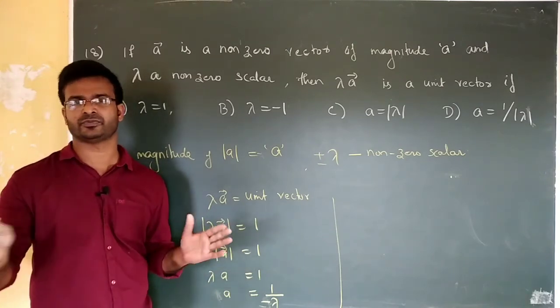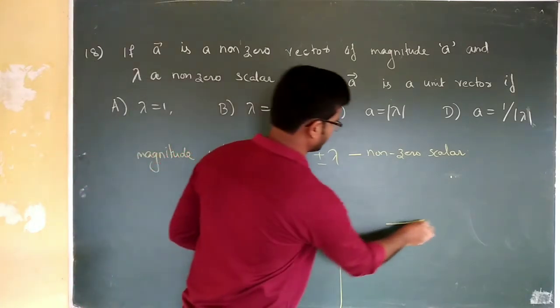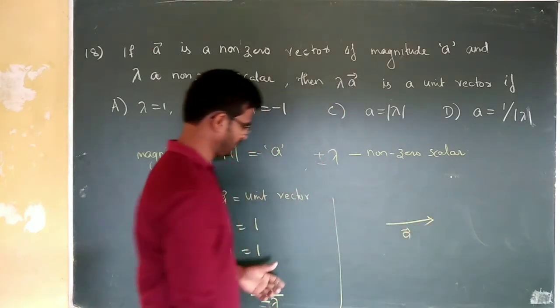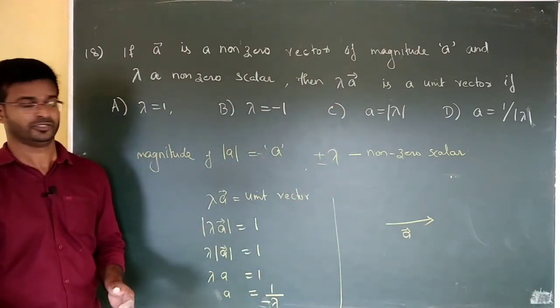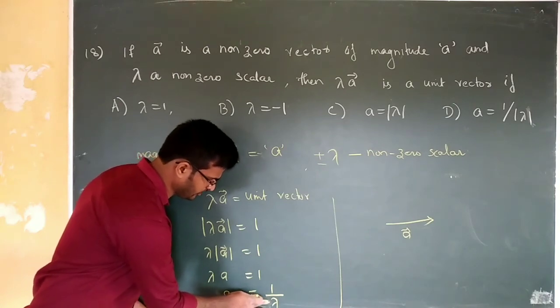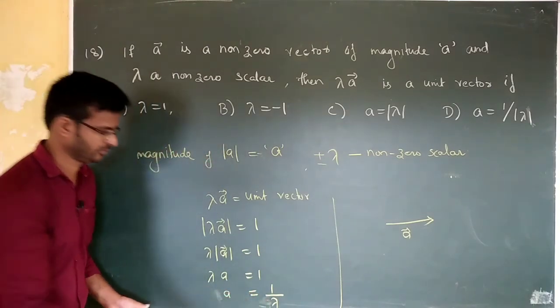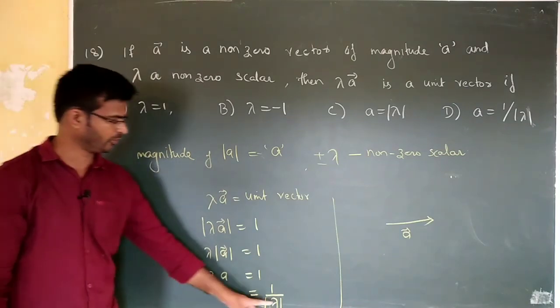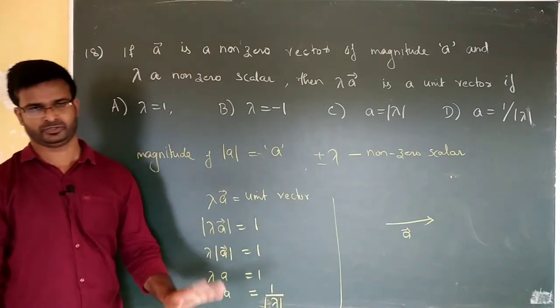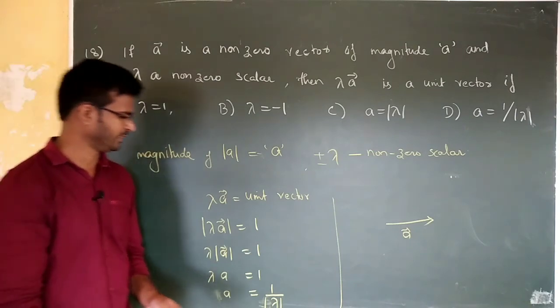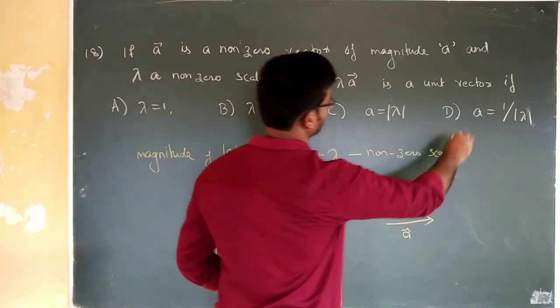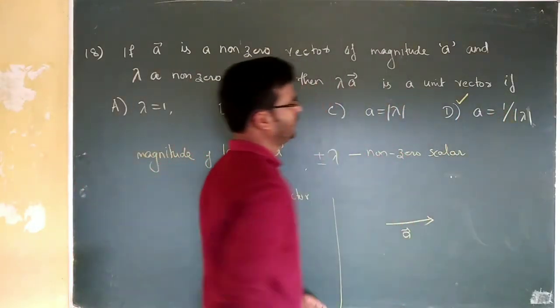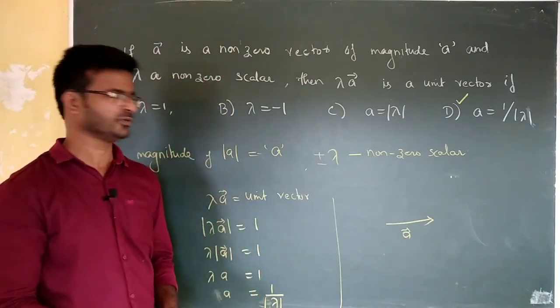Magnitude means length of that vector. Length of a vector cannot be negative. So we cannot use minus here. So if you write modulus here, what will happen? Always this part will be positive, isn't it? So what is our answer? Answer is D. a equal to 1 divided by modulus of lambda.